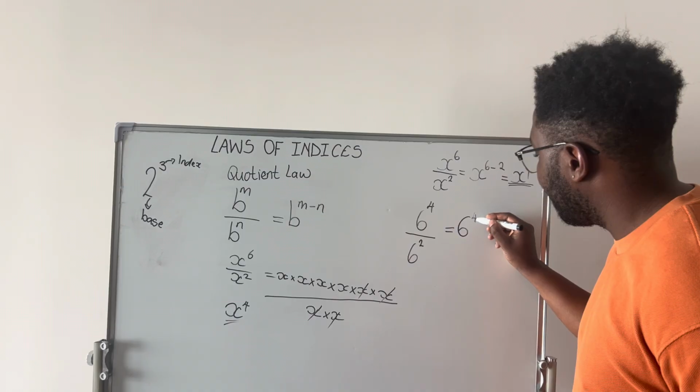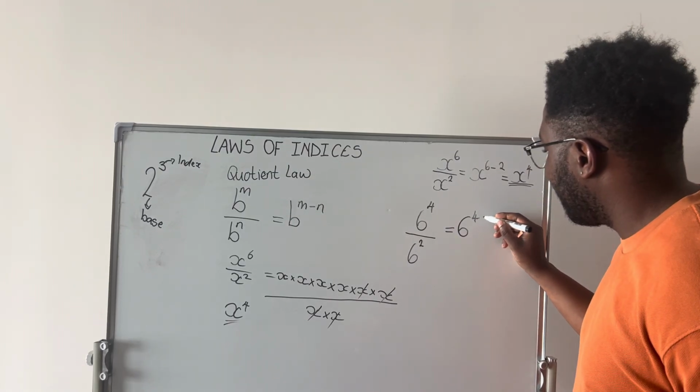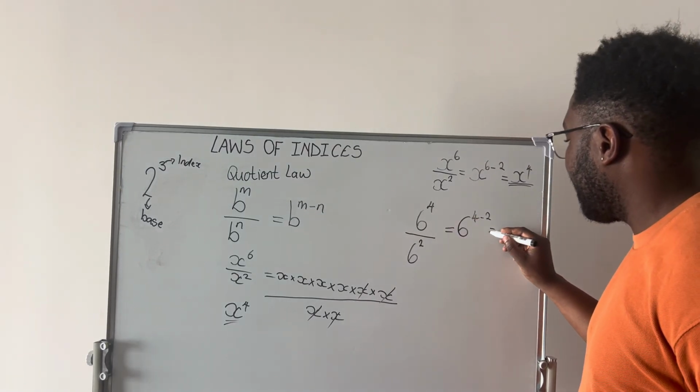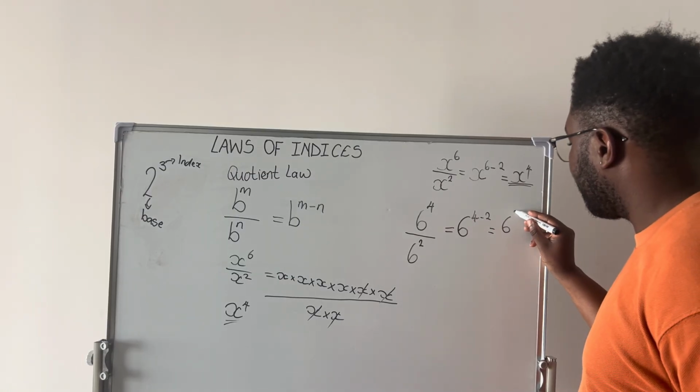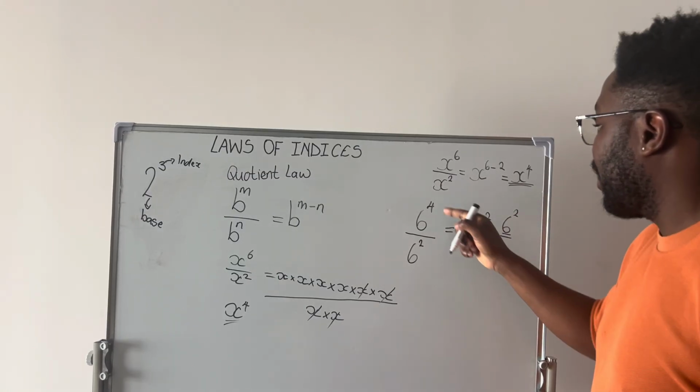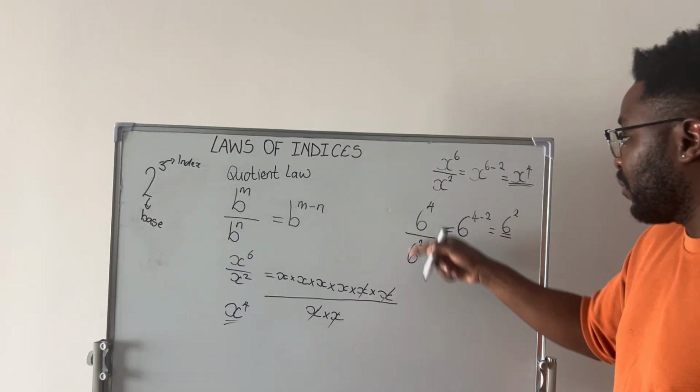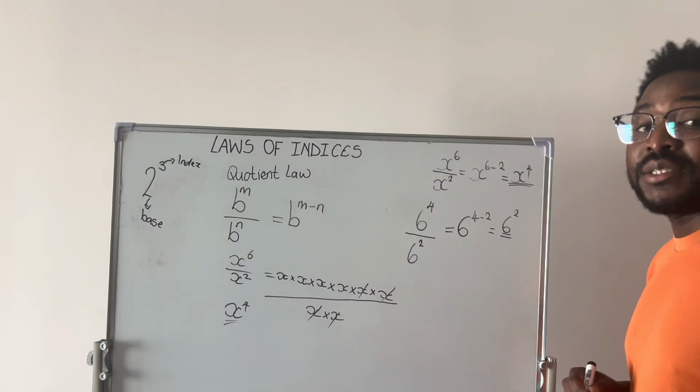So 4 minus 2, which is 2, gives us 6 to the power 2. So we have just simplified this expression.